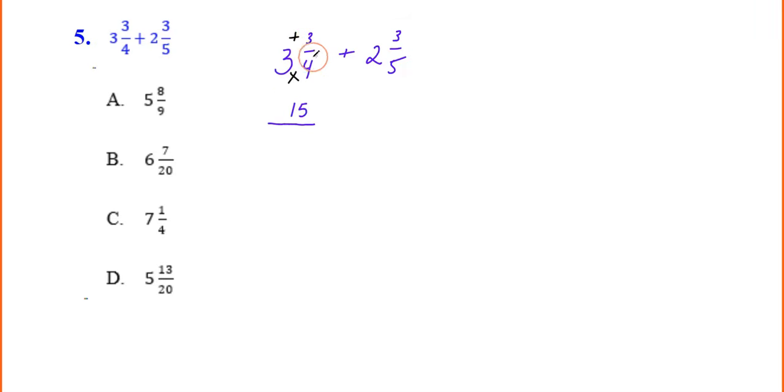And this 4, which is in the denominator, just stays the same. Just bring it down here and keep it in the denominator. Plus, again, we'll multiply and add. 5 times 2 is 10, plus 3 is 13. Put that in on the top, and then on the bottom is the 5.